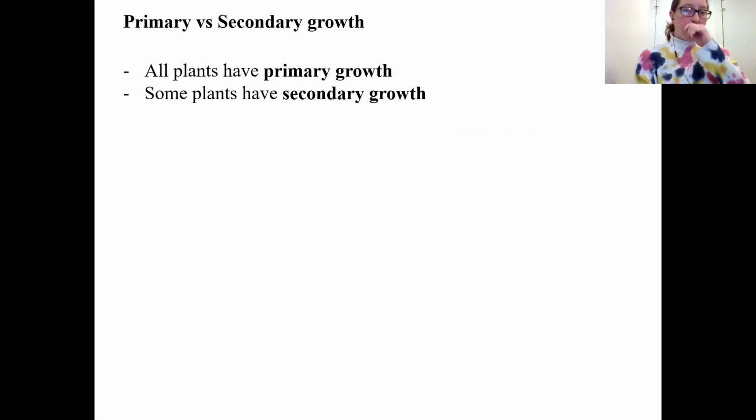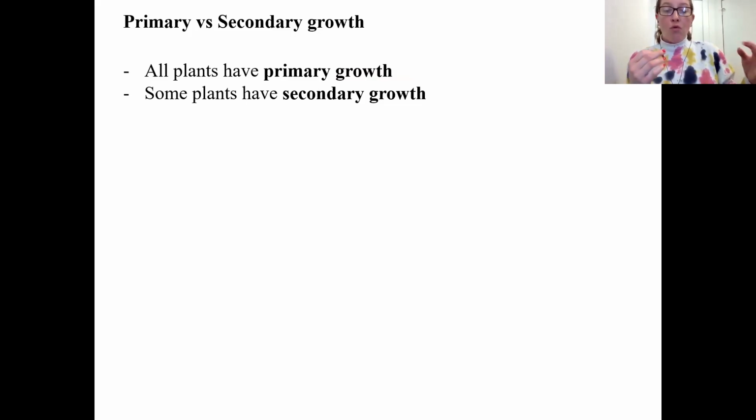All plants have primary growth. Some plants have secondary growth. And if you're a plant that produces secondary growth, you started off by producing primary growth.